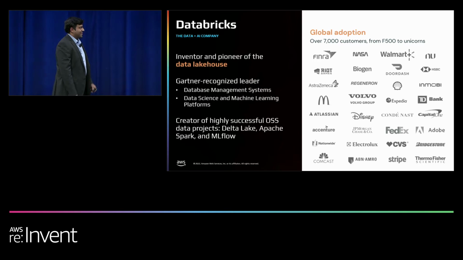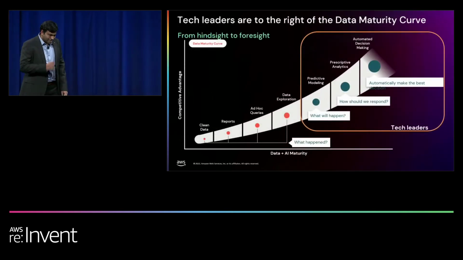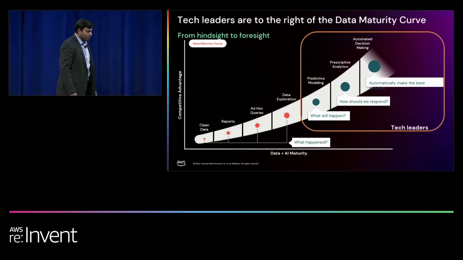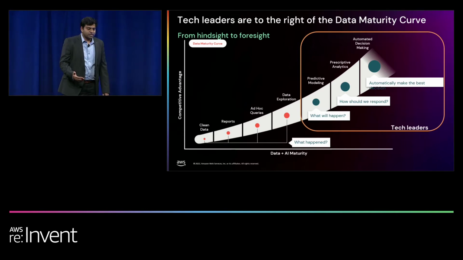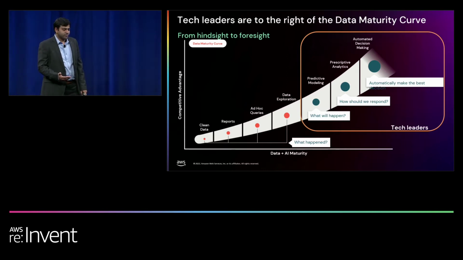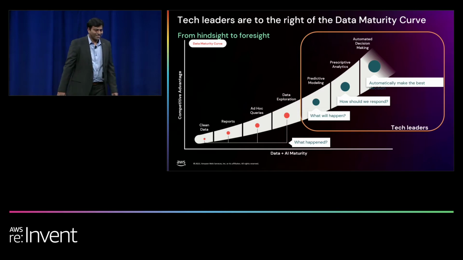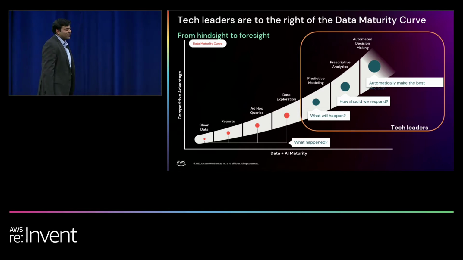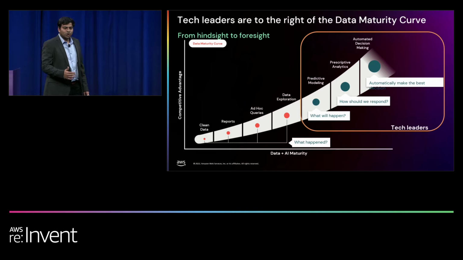All right. Now let's look at where other industries are in the typical data and AI maturity curve. Is there anybody who wants to be on the left-hand side of this maturity curve? All right, perfect. So you're all with me. We always wanted to get to the what-will-happen stage on this data and AI maturity.